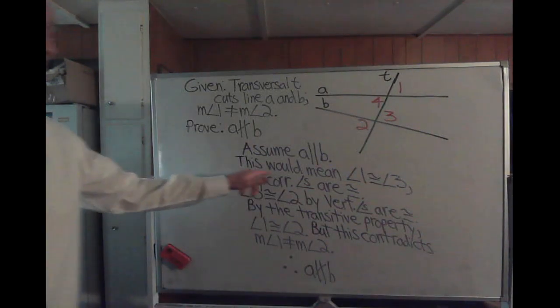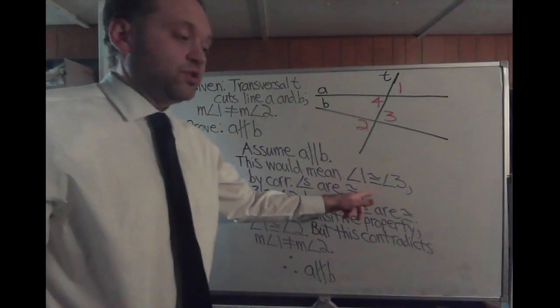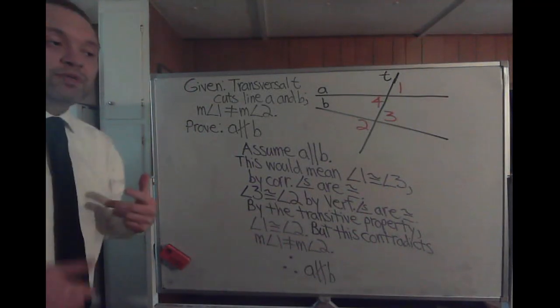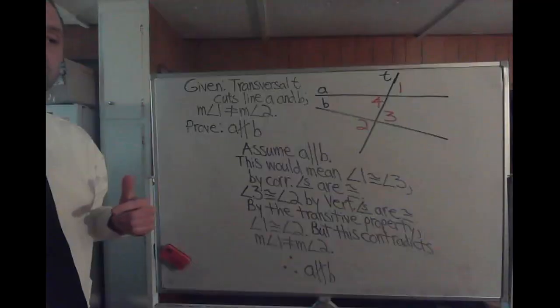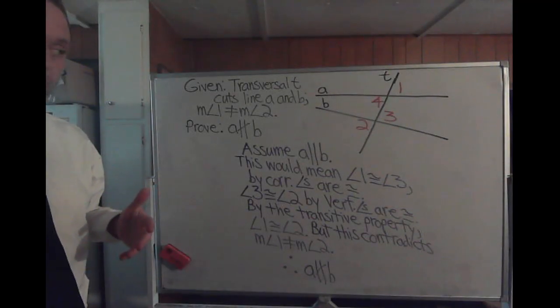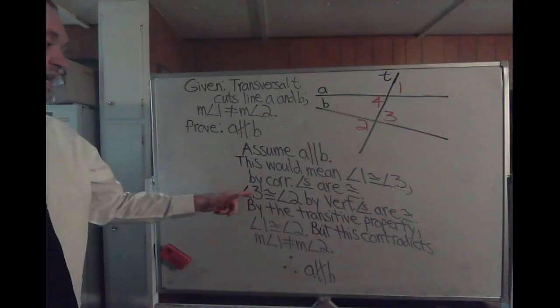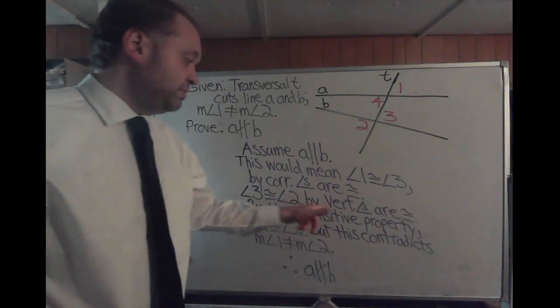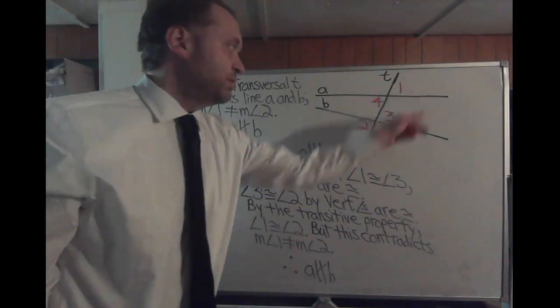This would mean that angle 1 is congruent to angle 3 by corresponding angles are congruent. Remember that postulate that whenever you have two parallel lines cut by a transversal, corresponding angles are congruent. Next, we could say angle 3 is congruent to angle 2 by vertical angles are congruent. That's true regardless of whether these lines are parallel or not.